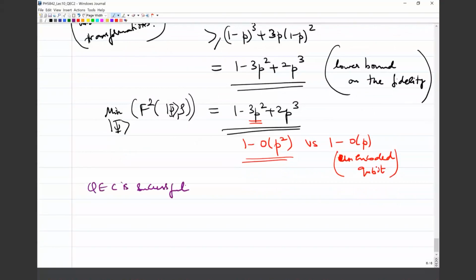provided this encoded, or the post error correction, worst case fidelity should be greater than 1 minus p.